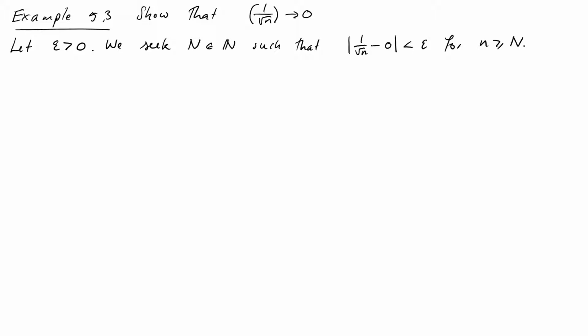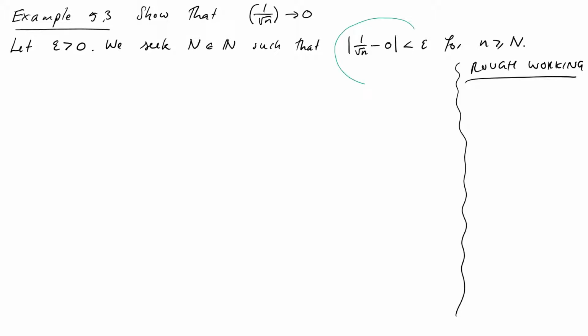Well, I'm going to start by just defining some rough working area. This is not going to be part of my main proof, but just to get my head around what's actually going on, it helps to start with this expression here and to manipulate it somehow so that we can make it in terms of N. It doesn't always work, but it's a good starting point.